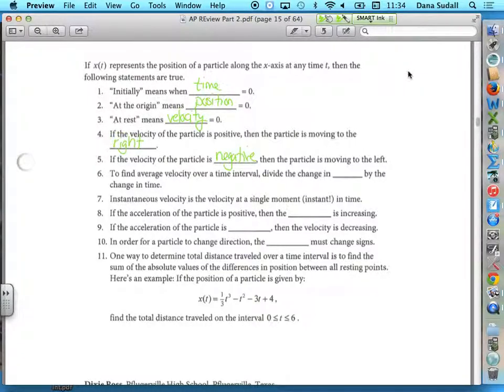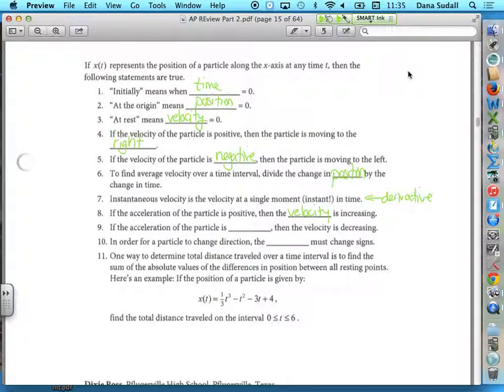To find the average velocity in time, you would have to divide the change in the position by the change in time. Instantaneous velocity is velocity at one single instant in time. Instantaneous, they're talking about the derivative. If the acceleration of the particle is positive, then the velocity is increasing.